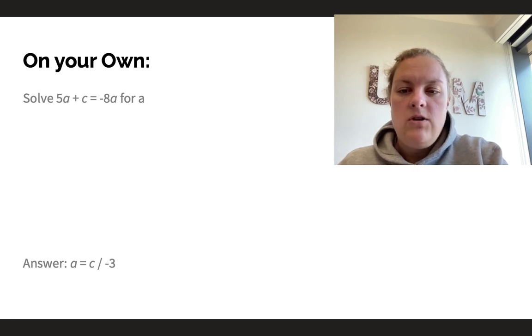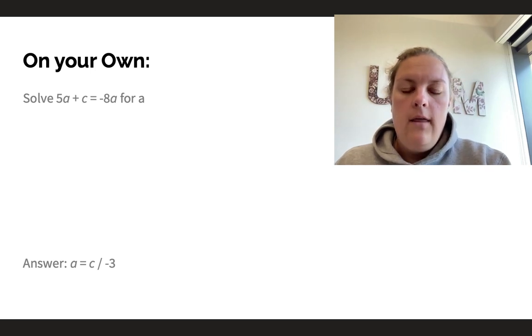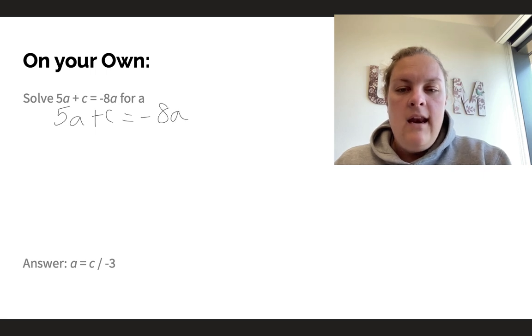Okay, so hopefully by now you should have an answer to this problem. And the way that I would approach this, 5a plus c equals negative 8a. Inevitably, I'm going to have to deal with some negatives. So I'm going to keep my negative 8a on the right-hand side for now.